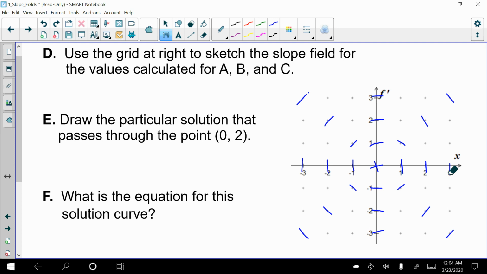And essentially what you're going to be seeing as we go across is that these slopes, in order to go from a positive slope to a slope of 0 to a slope of a negative 1, are going to have to be decreasing in some way. And then they're going to continue to decrease until we get to a positive 1. And it's going to work that way across the entire function.